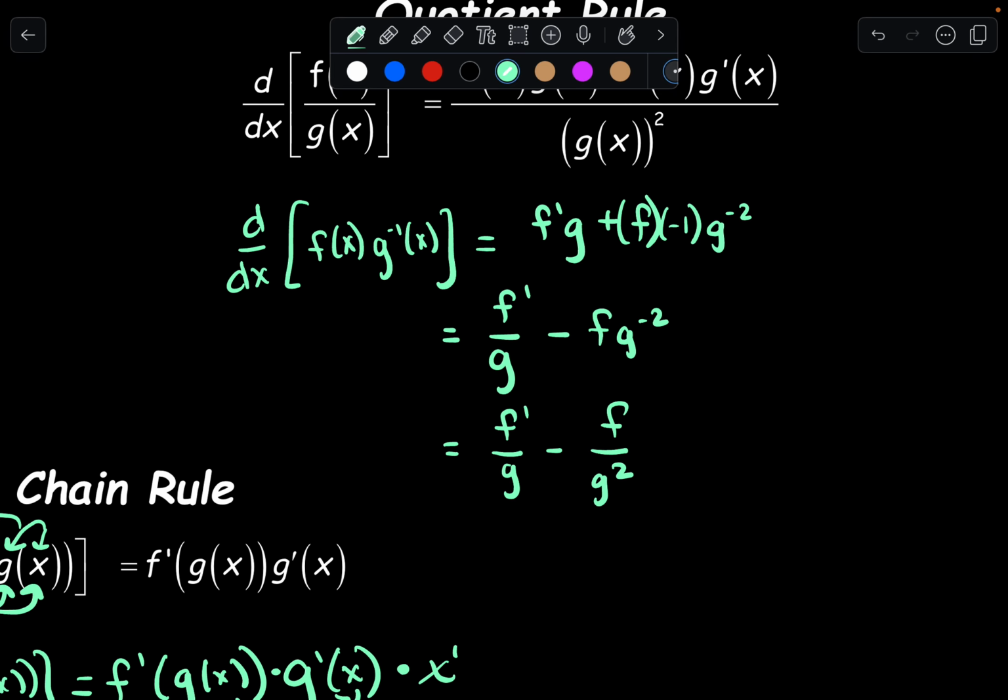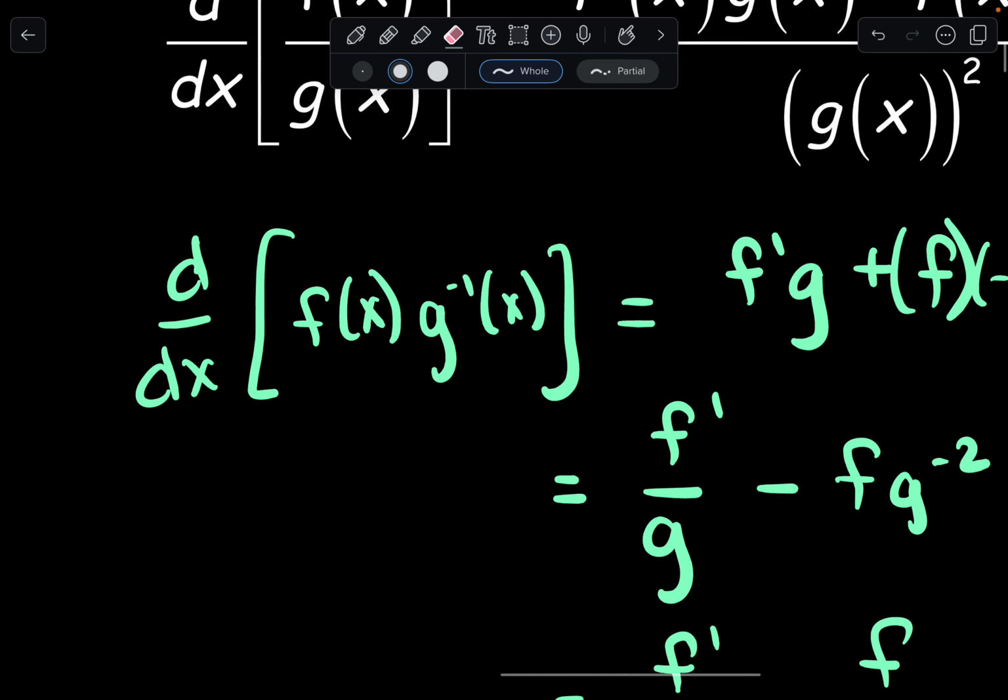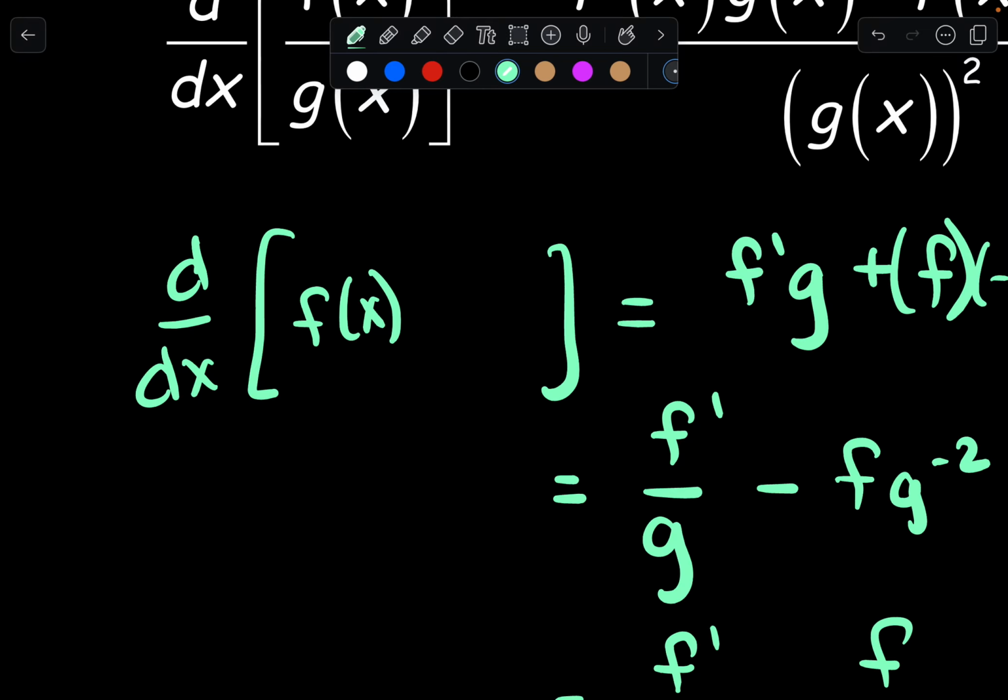Now, I want to go back because I want to do a quick rewrite because I just taught you the chain rule and I already violated that rule, okay? So go back to here. Let's go ahead and get rid of this, and I want to rewrite it like this. So we'll do g of x to the -1.